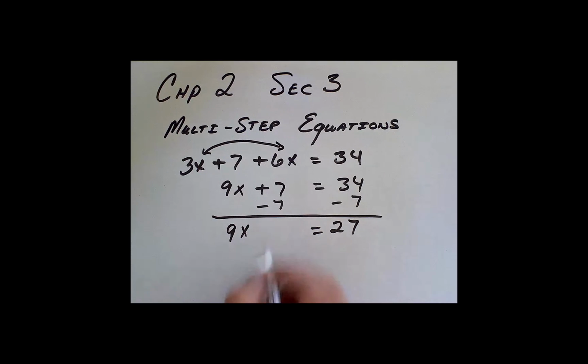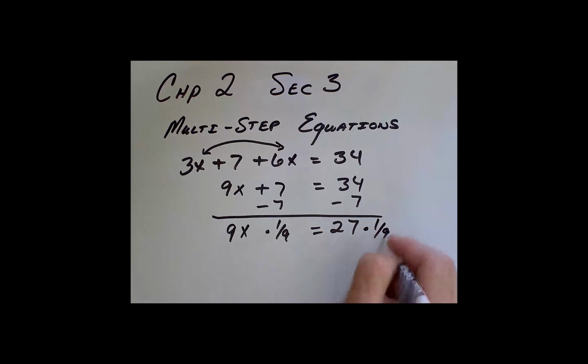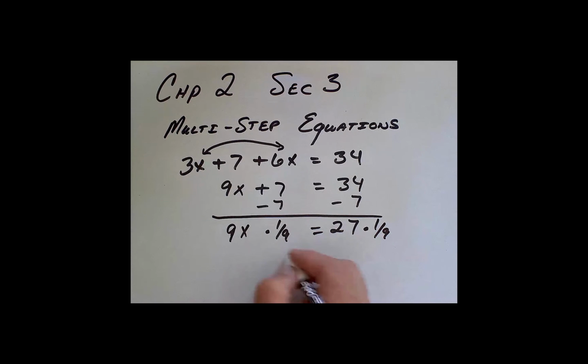We have a 9 here, so if we multiply by its multiplicative inverse, 1/9, and do the same thing on the other side, then the 9 and the 1/9 cancel each other out, and we're left with an x, and we're left with 27 over 9. Well, x equals 27 divided by 9, which is 3, and there would be our answer.